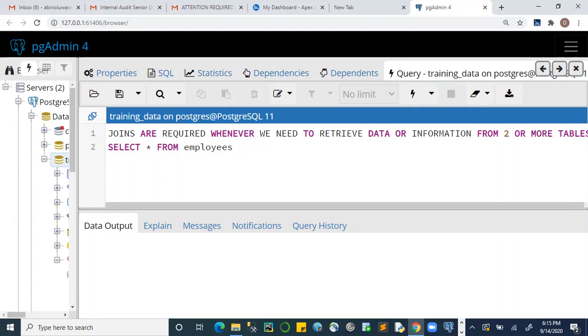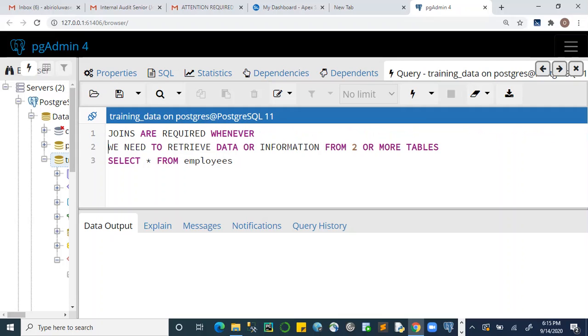Okay, let's talk about types. So let's talk about types of joins that we have. Okay, we have inner join, we have outer join, and outer join is divided into two.